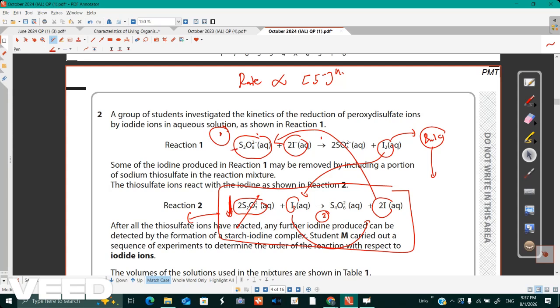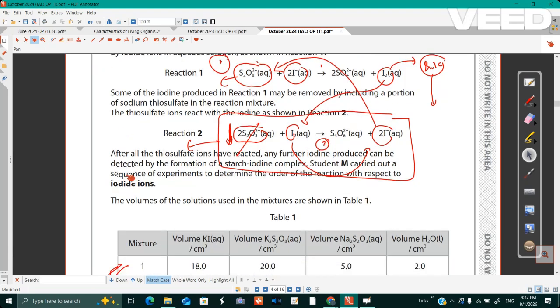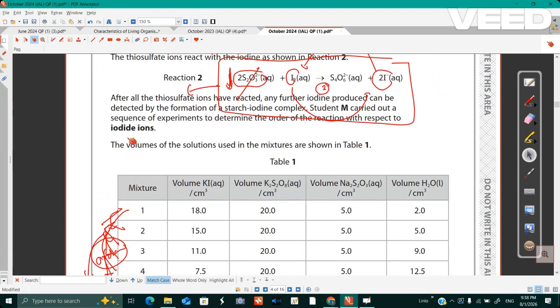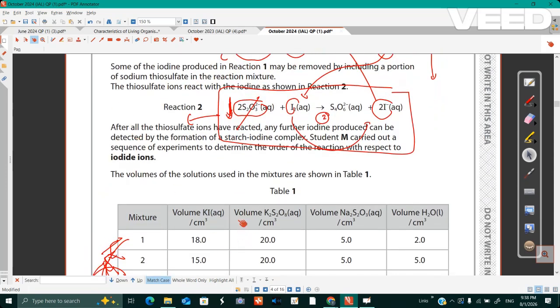And for the H2O8 concentration, we are taking a high concentration. When the high concentration is there, irrespective of the order of H2O8, since the concentration is very high relative to I minus, this concentration is much larger, and the volume is also larger.